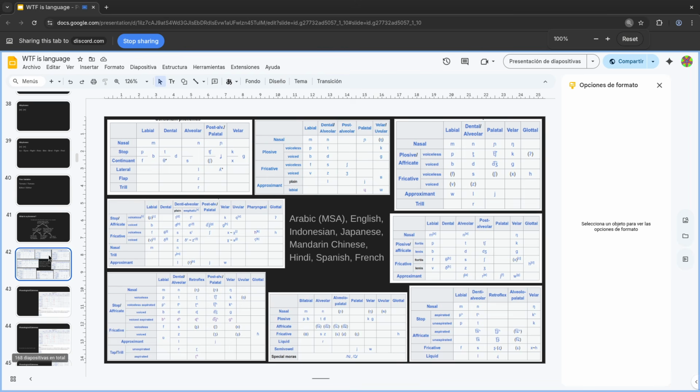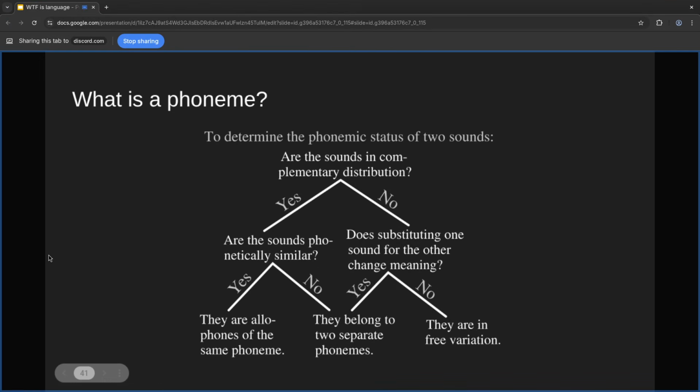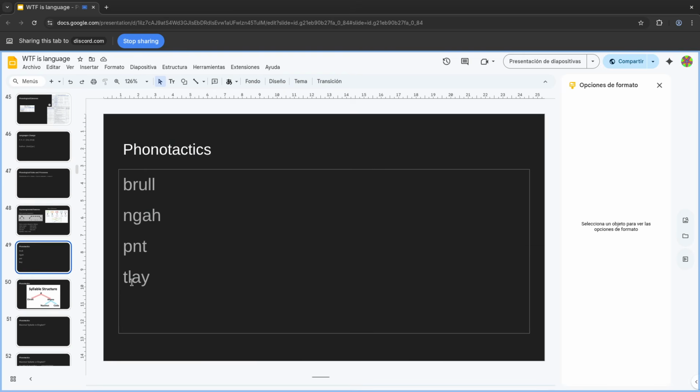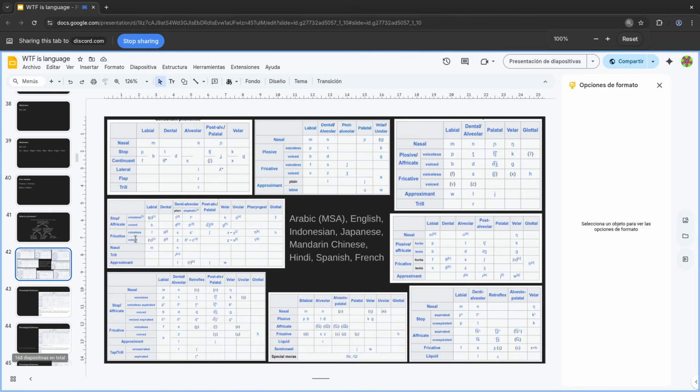I saw the next slide was like, I'm guessing sounds that are technically banned in English. Like I saw tlay, and you never have T and L together. Yeah, so phonotactics is about the way that a syllable is constructed. Usually that has to do with what general trends can happen in terms of how much airflow is occurring throughout the syllable, but you can also get specific and say these two letters can't happen simultaneously within the onset of a syllable, in the case of tlay, although all of those phonemes are present in English. So like brol, ngah, pnt, tlay, we all know all of those sounds, but the way the syllable is constructed matters.